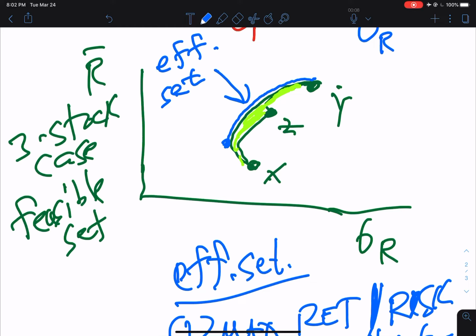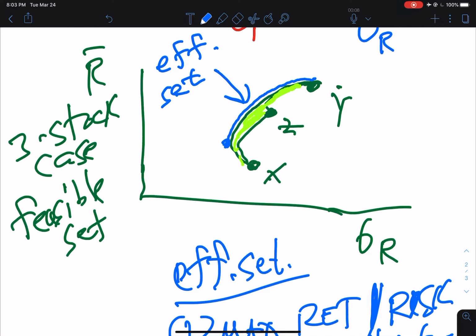And the efficient set for the two stock case and the multi-stock case, meaning three and more stock cases, is identical. The efficient set is a line, is a curve. The feasible set here in the 3+ stock case is an area, whereas for a two stock case, the feasible set is a line also.